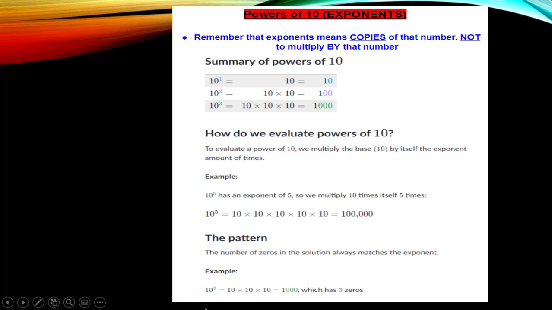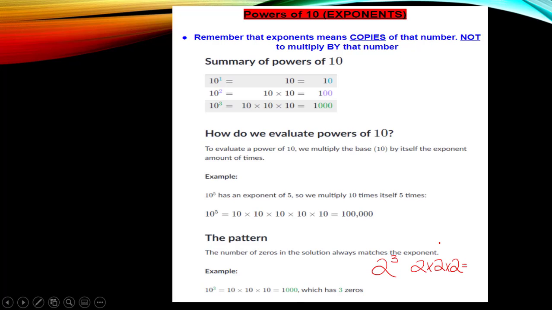Now, if we were not dealing with a 10, let's say that we were dealing with a 2 and we had it to the third power. This is still copies. It's still telling me that we have 3 copies. So 1 copy, 2 copies, 3 copies.